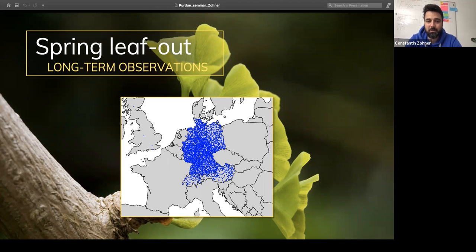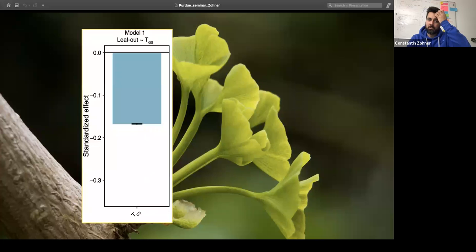Historically, I think German-speaking people have just always been very interested in phenology, and there are a lot of long-term databases available. With these long-term observations for different sites on tree species, we can really test all these patterns.